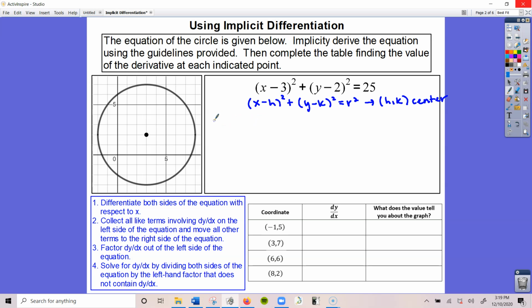When we find the derivative of this circle, this is chain rule because we have a binomial within parentheses and the exponent.